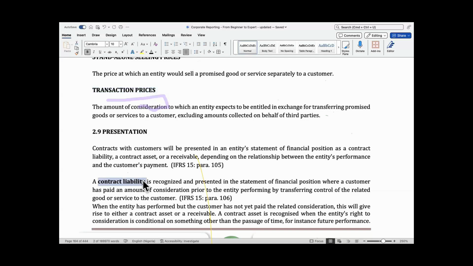Rather, you recognize the money you received as a contract liability.